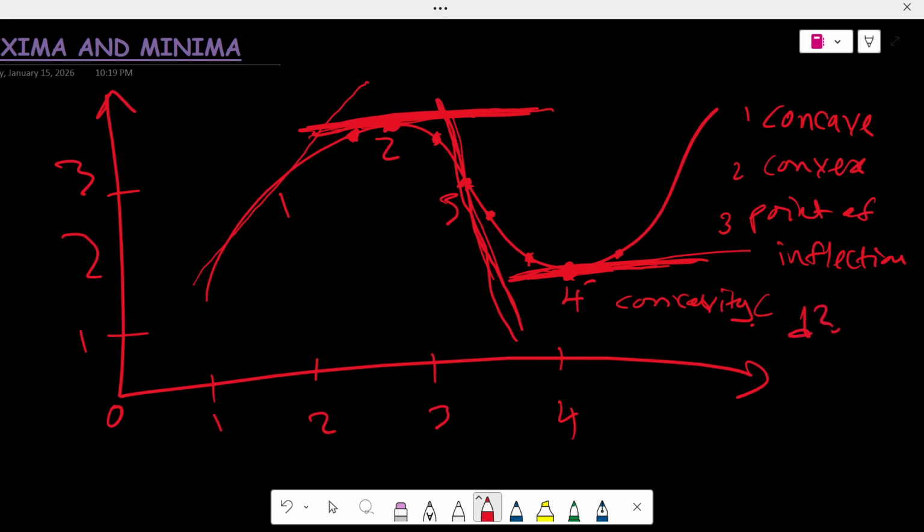Okay, so now in terms of the derivatives, with concavity and convexity and points of inflection, here we deal with the second derivative, right, which is d squared y over dx squared. So for example, at point 2, since the point is convex, this is also called a maximum point.